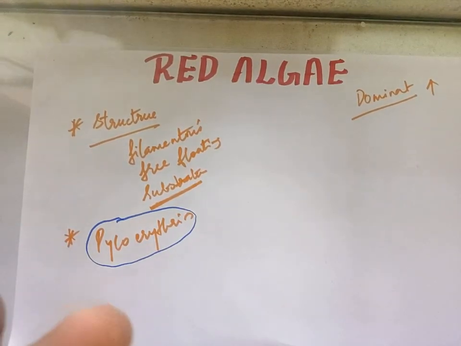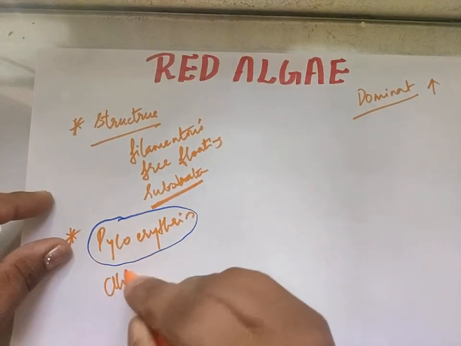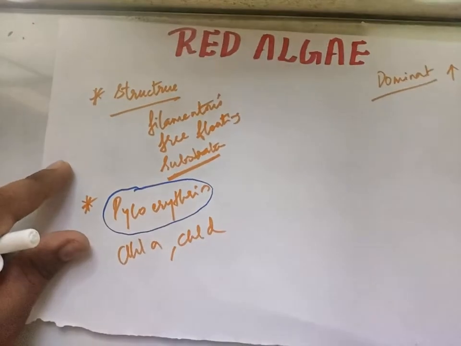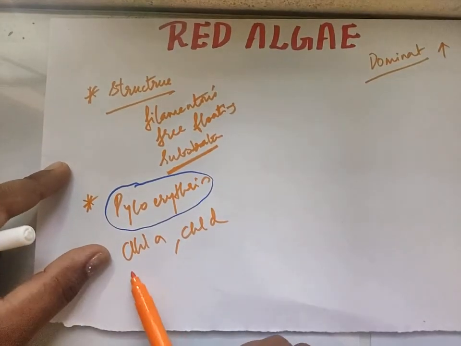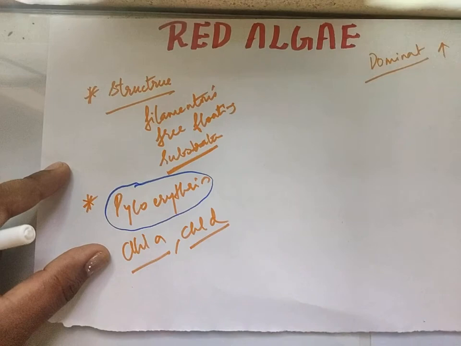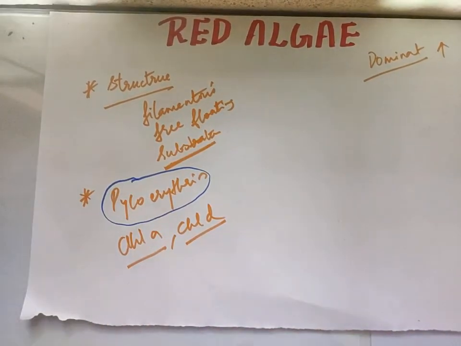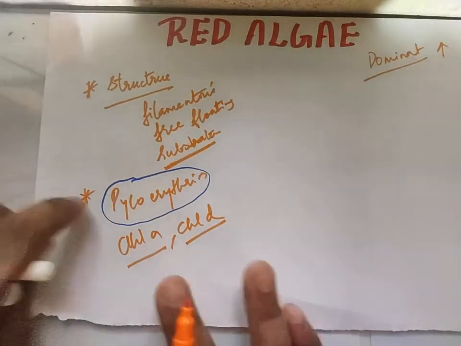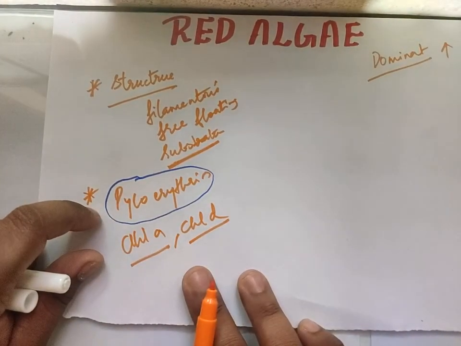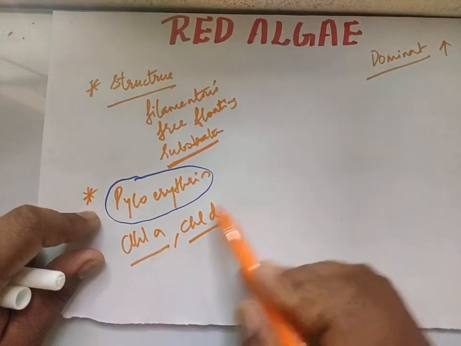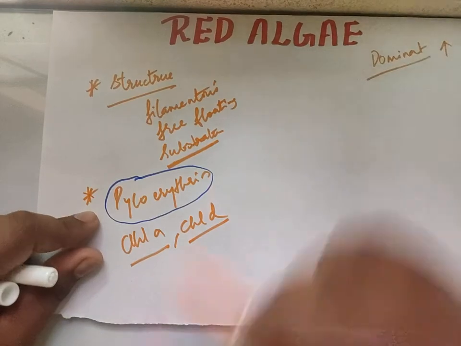Along with this, it also has chlorophyll A and chlorophyll D. This is what we have to remember. Chlorophyll A is common amongst all the algae. Basically in green algae and brown algae, we saw chlorophyll A was present, but here it is chlorophyll A as well as chlorophyll D. Structure is over.